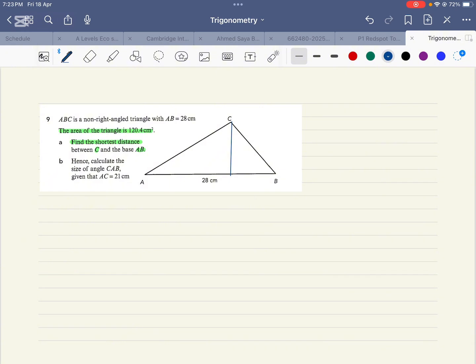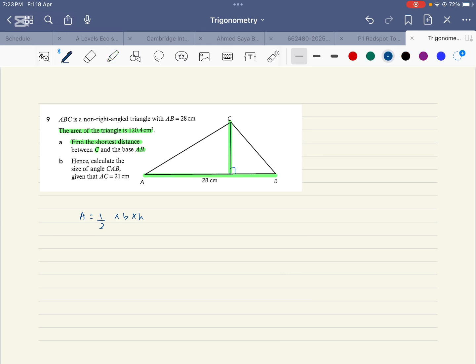Now why have they given us the area? They have given us the area because the formula for the area of a triangle is half into base into height. What is the base? The base is the side where the 90-degree perpendicular is dropped.